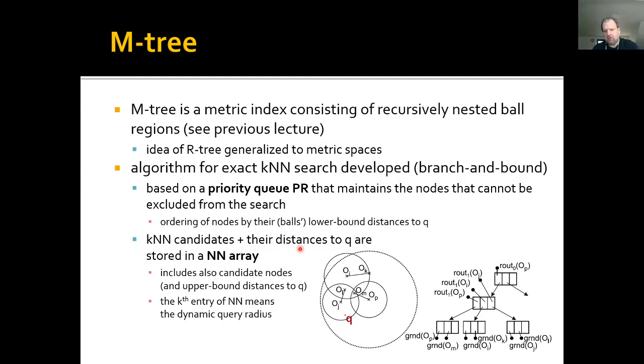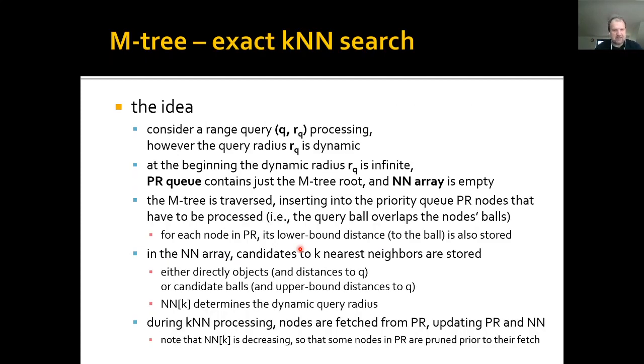And now, how the algorithm works. The idea is that we consider the range query, as I said, but we don't know the radius RQ, so we view this radius as dynamic. The dynamic radius starts at the maximum, so it is infinite, and then it is reduced by processing requests from the PRQ.